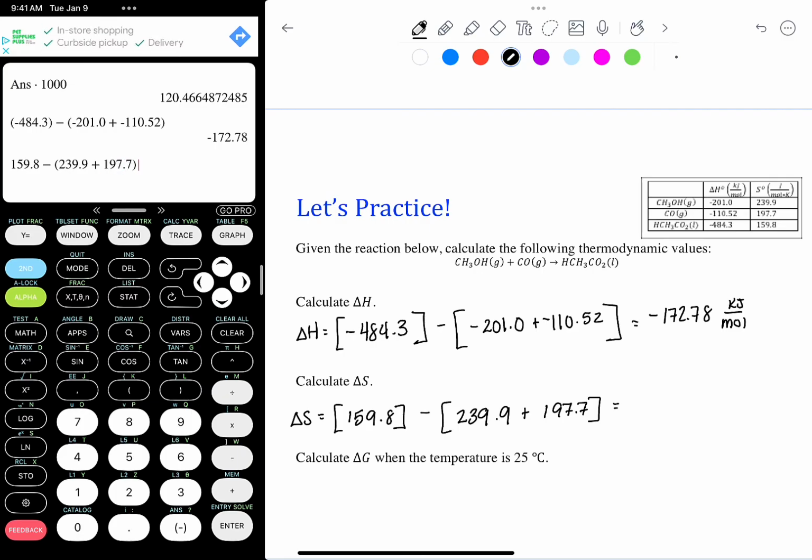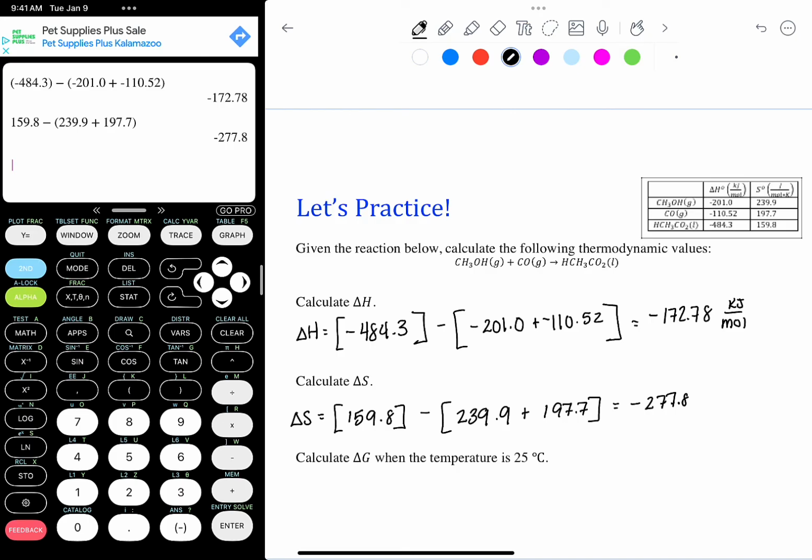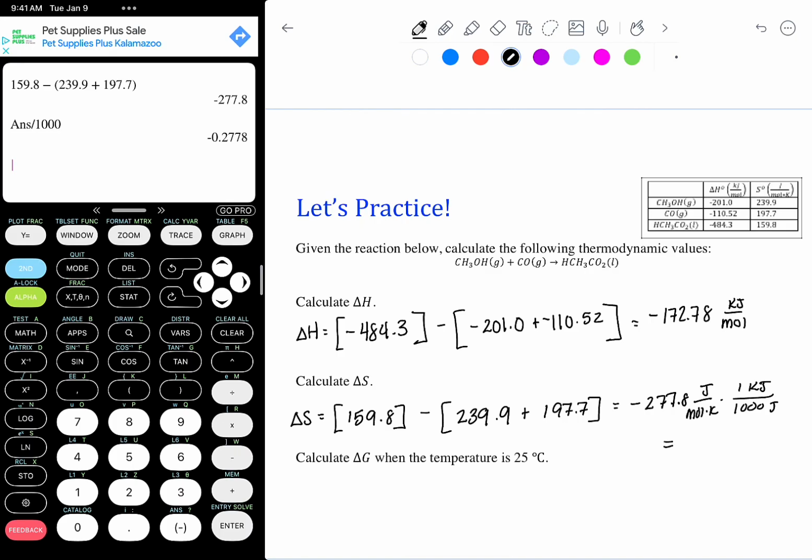There we go. Which we get negative 277.8, and that is in joules per mole Kelvin. So we need to divide that by 1,000, because what we're going to be doing is using that delta S to calculate delta G. So we need it in kilojoules.